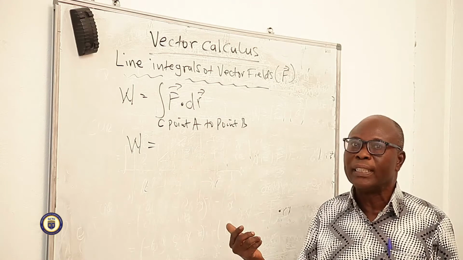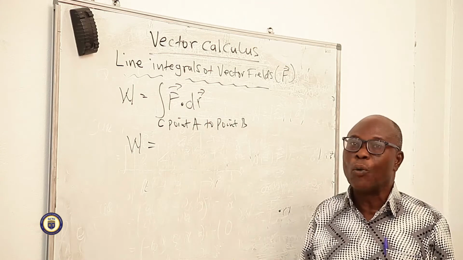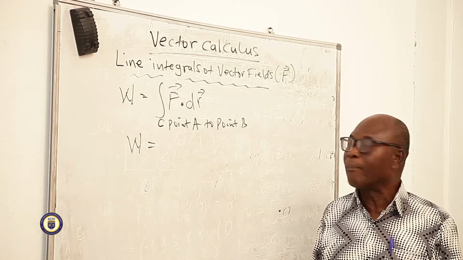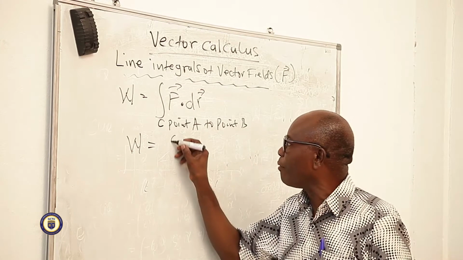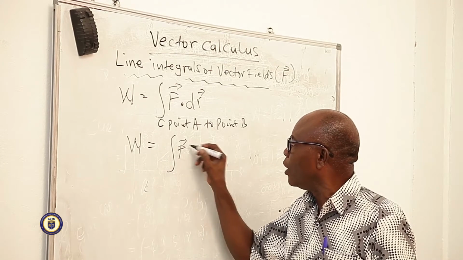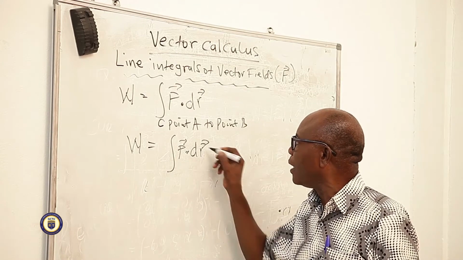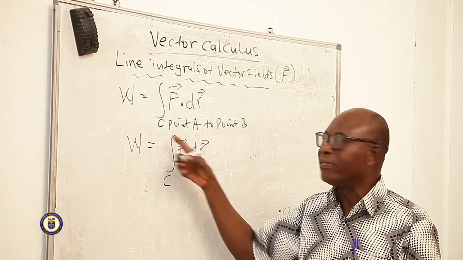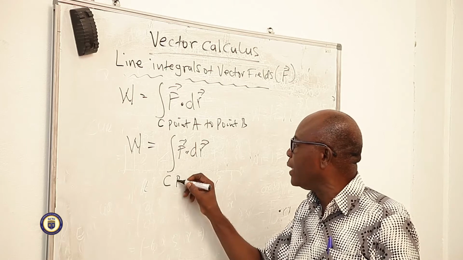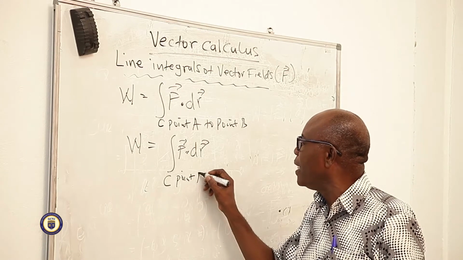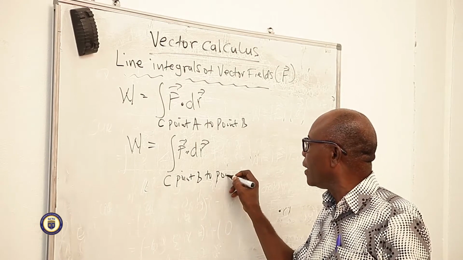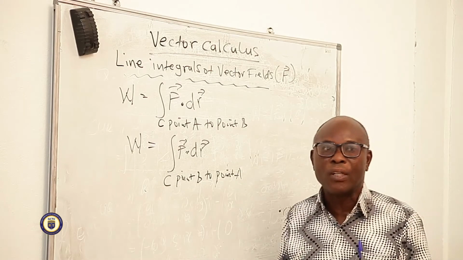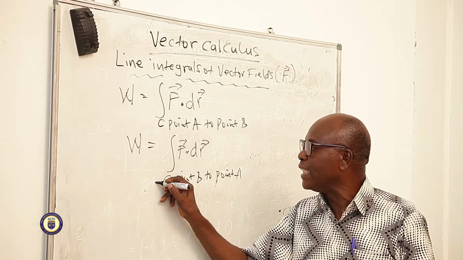So we can calculate the work done, this time from point B to point A. And so we can have the work done, F dot dr over the path C, now from point B to point A. And in most cases, what we do is that we negate the path.